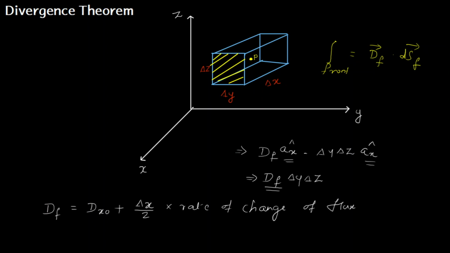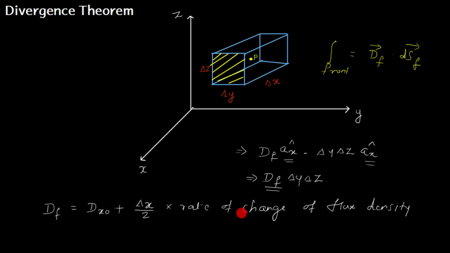That is my flux on the front surface. So what I am going to do is, I know dx naught at P, I need to calculate df on the surface. So dx naught at P plus the distance multiplied by the change of flux when it is traveling from point P to the surface, I will get df. Simple mathematics. Now how to write the rate of change of flux density?